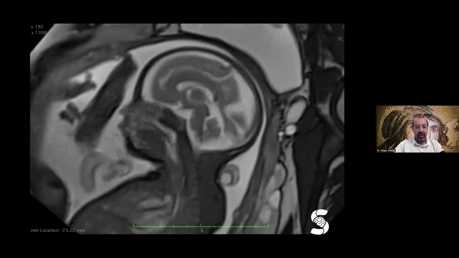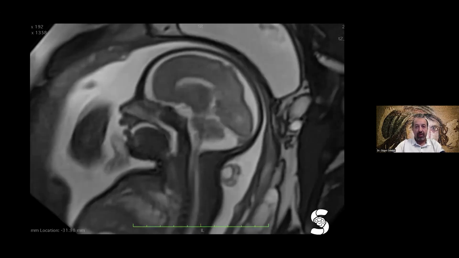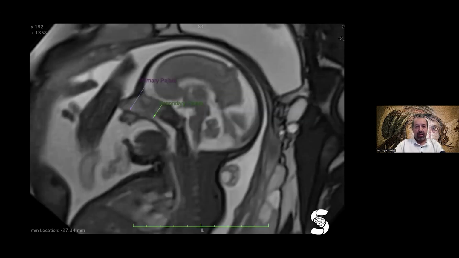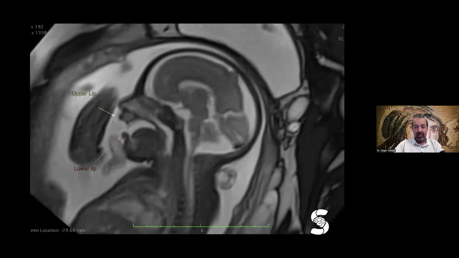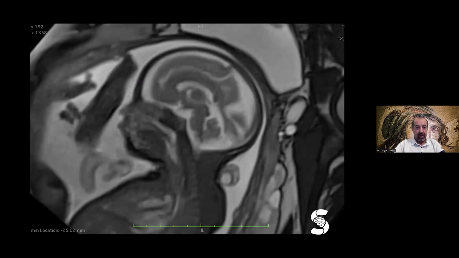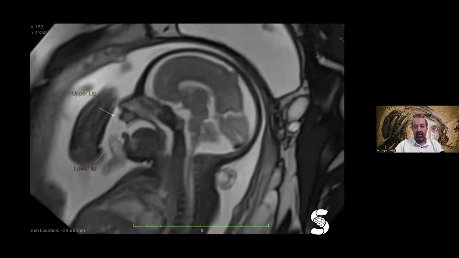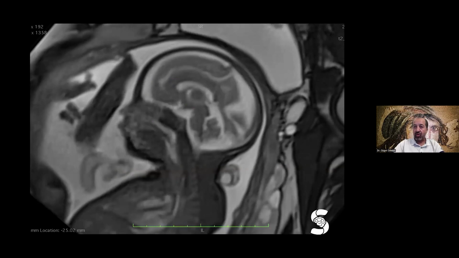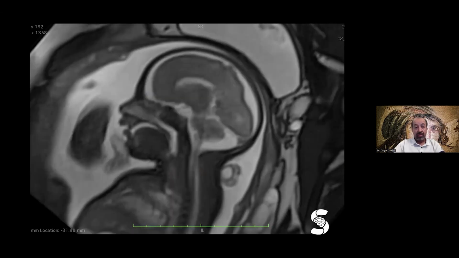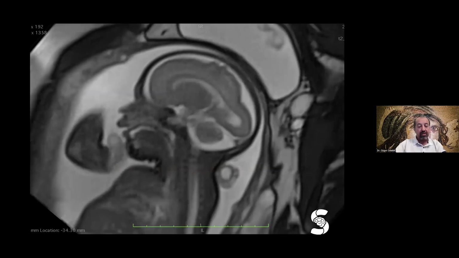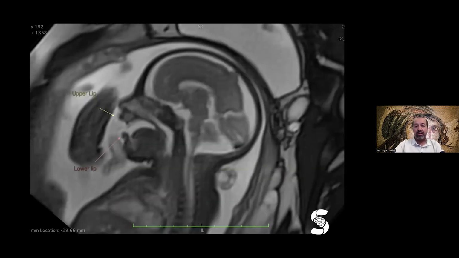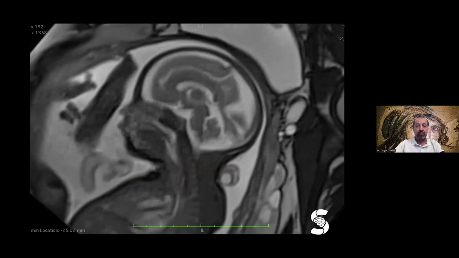Here you can see the upper and lower lips very well, and the tongue, chin, nose, and primary and secondary palate. The oropharynx, nasopharynx, and trachea are also very well assessed in the sagittal plane.